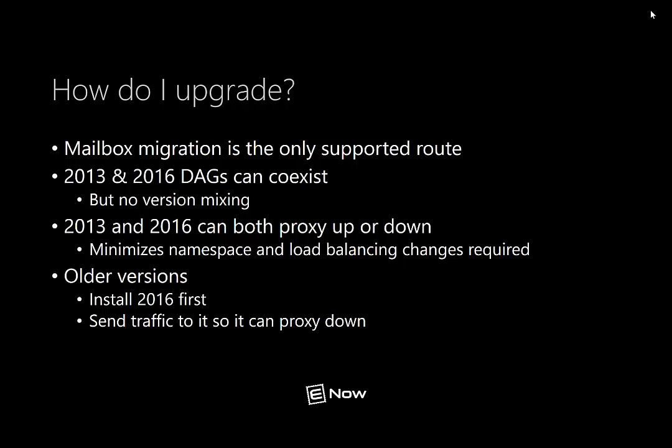One very interesting thing, if you remember at MEC or Ignite, seeing Ross Smith's presentation about the preferred architecture for Exchange, one of the key points he made was that 2013 had a number of architectural changes that were made to allow it to do both up version and down version proxy.